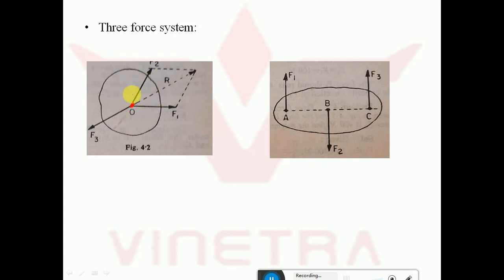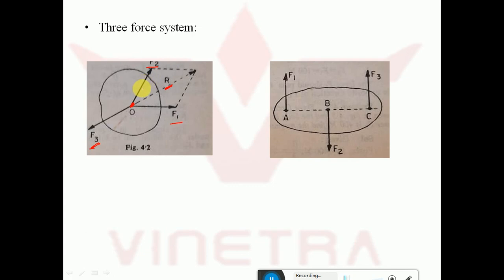When will it be in equilibrium, now I will tell. Take the resultant of forces F1 and F2, this is the resultant R. If F3 and R are equal in magnitude, collinear, and acting in opposite directions, then only the three force system will be in equilibrium.